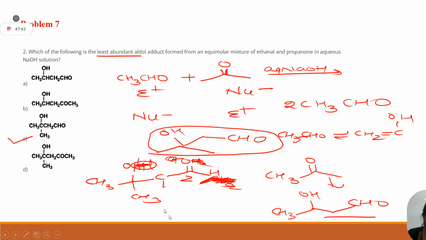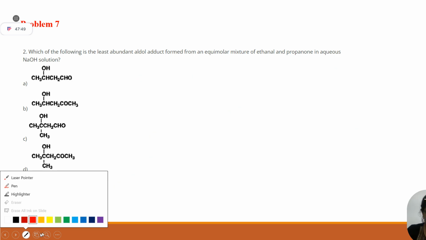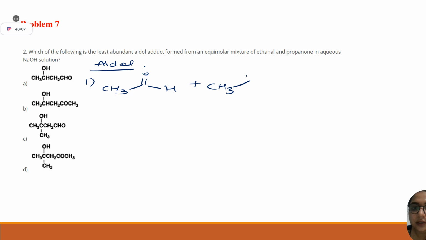Okay. If it is not clear, I will explain from zero. No issue. I think you have not taken sir's lecture. So students, aldol reaction. Let's say you are given these two molecules, CH3CHO, and one molecule is CH3COCH3, right?